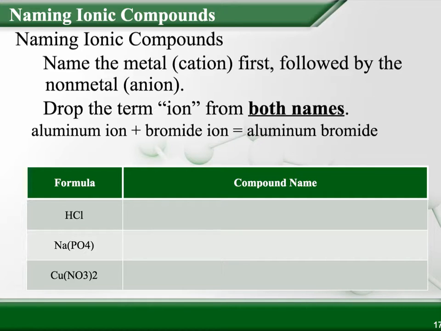So when we look at this first example, we have an H and a Cl. The first is the cation, and we just write the name of the element. No changes. And then we look at chlorine, and chlorine is the anion. It's negative, so it becomes chloride.